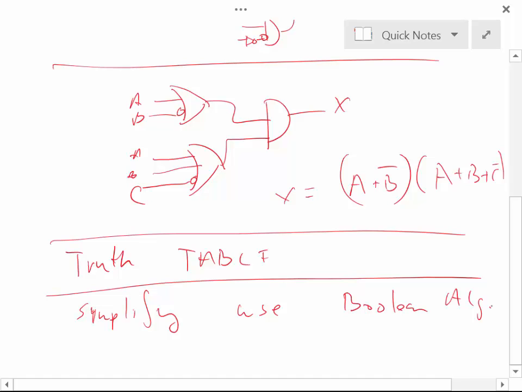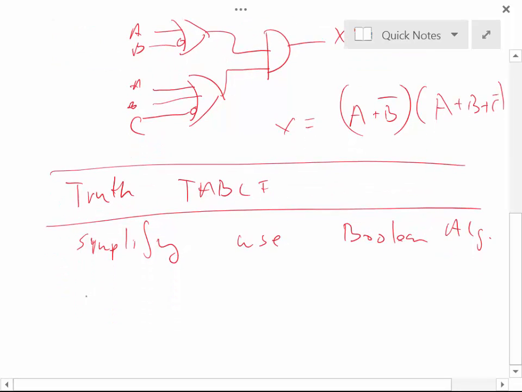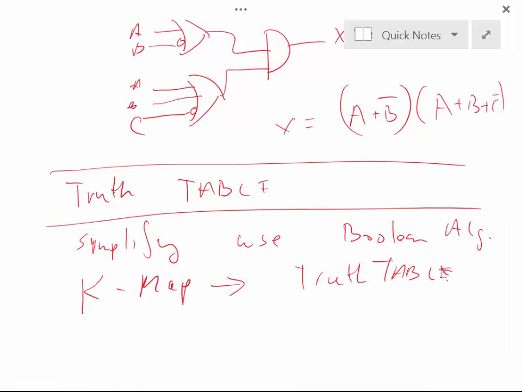They're in the slides, and all these are covered out of the slides that are posted. And using the K-map. Now in the K-map, I will give you a truth table, and you're going to put it into the K-map and read out the simplest equation from the truth table.